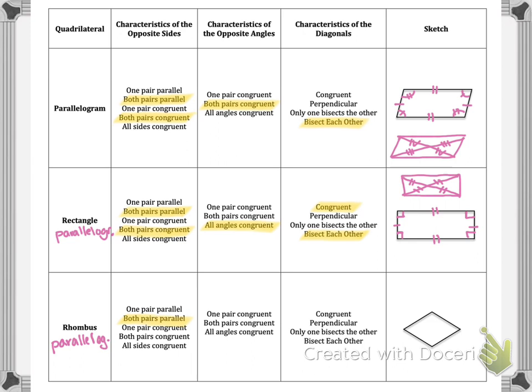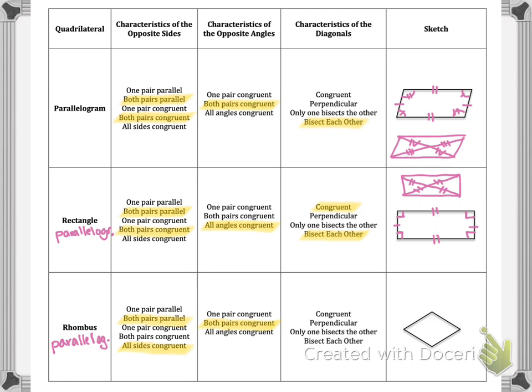But I'm hoping what you can actually tell additionally about the sides is that all of the sides are congruent. So if we keep moving, we can see that in the rhombus, we have both pairs of opposite angles congruent. You can tell from this picture that not all the angles are congruent. There are 2 obtuse angles and 2 acute angles.